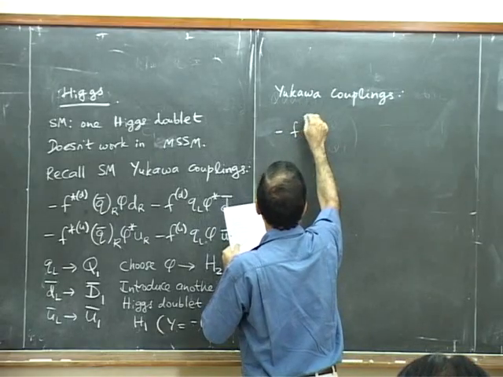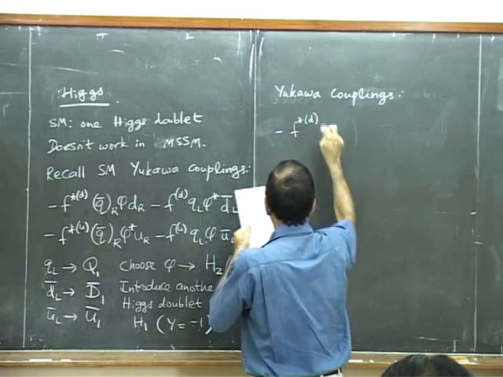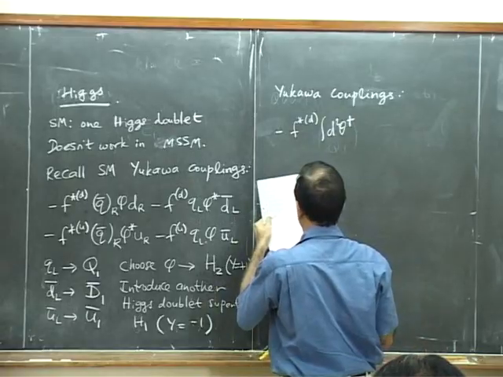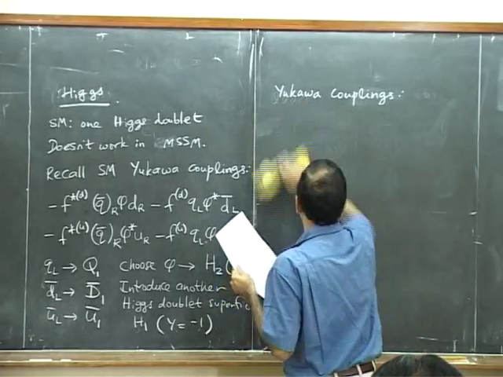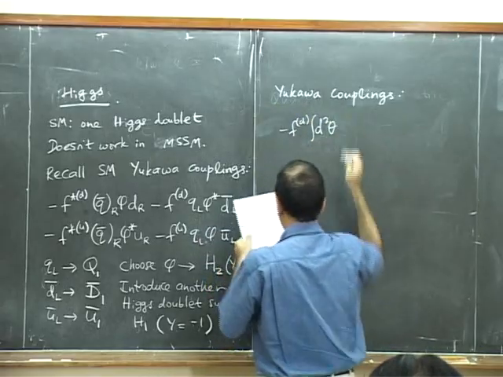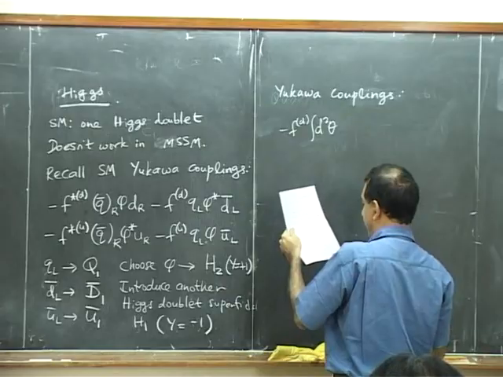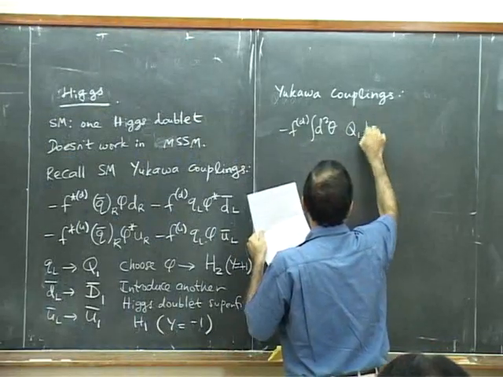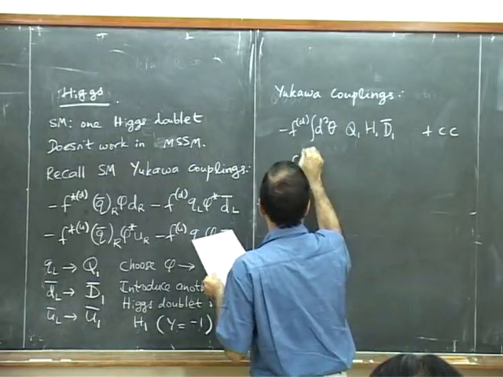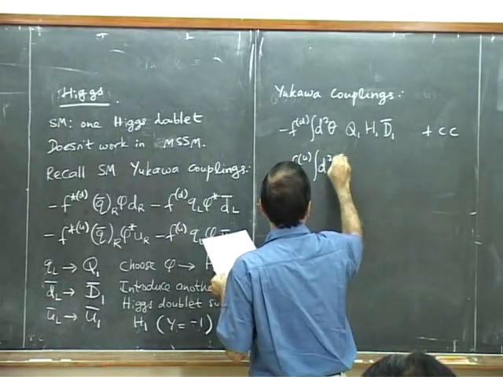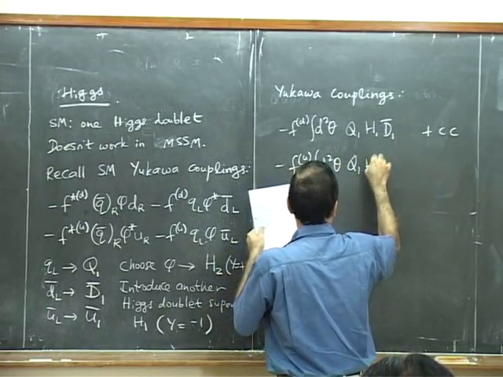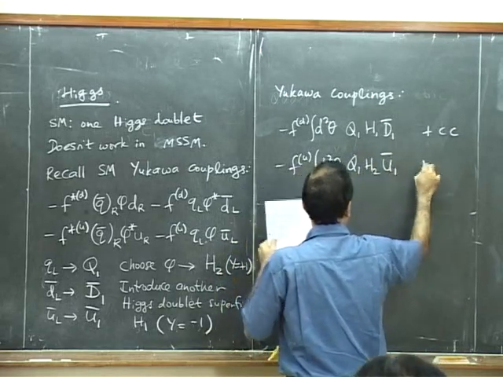Minus f_d star integral d^2 theta, maybe I'll prefer to write the d^2 theta, Q1 H1 d bar 1 plus c.c., and minus f_u integral d^2 theta Q1 H2 u bar 1.